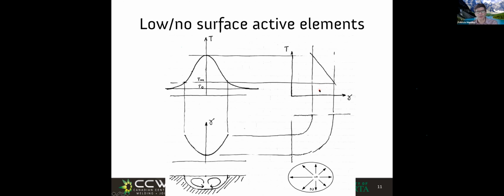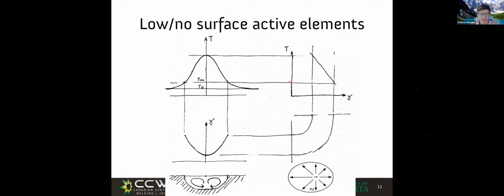So with higher temperatures, lower surface tension. And in this case, the axes are flipped because I wanted to put the vertical axis as temperature in both. And here the horizontal axis is surface tension. So high temperatures, low surface tension, and higher surface tension corresponds to lower temperatures.